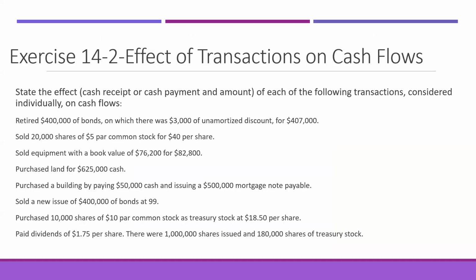So now we have a number of transactions and we need to understand the effect on the statement of cash flows and how the homework is set up. We're either going to be given a balance sheet, which shows the beginning and ending balances of all these accounts, or a bunch of T accounts that show the beginning and ending balances. And then we're going to be given a whole bunch of transactions that we couldn't necessarily tease out by looking at the balance sheet alone.